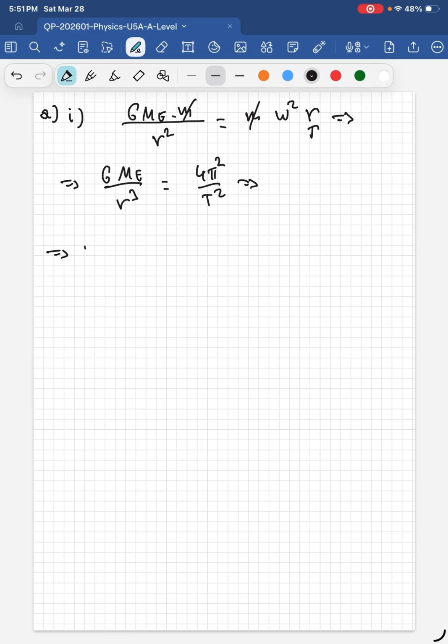Okay, so T squared is 4 pi squared r cubed over G times the mass of the Earth, and we will plug in numbers now and then take the square root later.